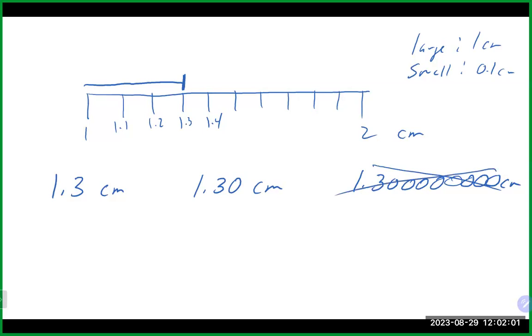By the way, don't add a bunch of zeros to make it look more chemistry-like, right? It just looks like a lot of zeros in that case. So is there a difference between those 2 measurements? There is a difference, right? When we look at this measurement here, that is 2 significant figures, which means the uncertain number there is the 3. You're basically saying, I think this measurement is 1.3, but maybe it's like 1.4 or 1.2.